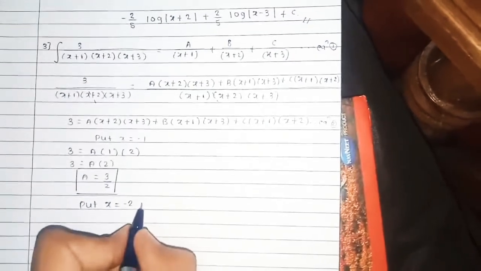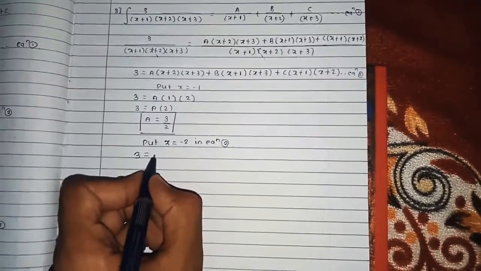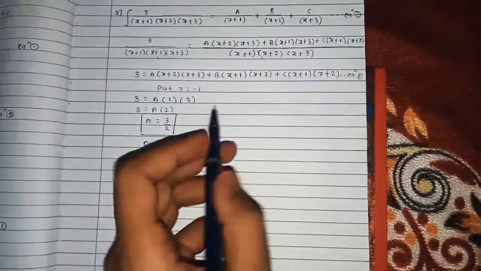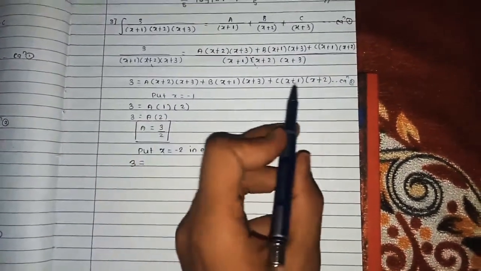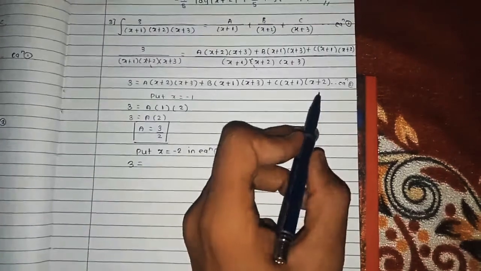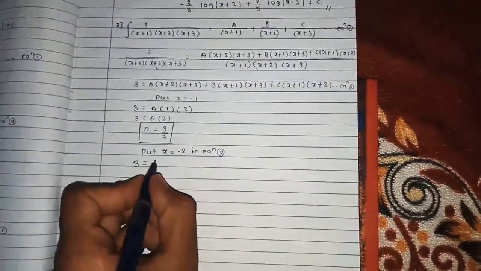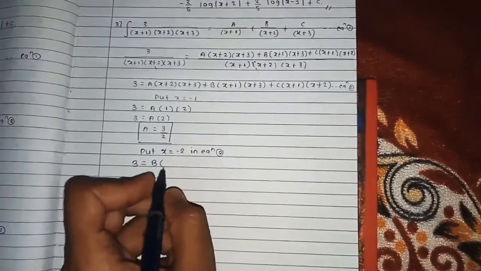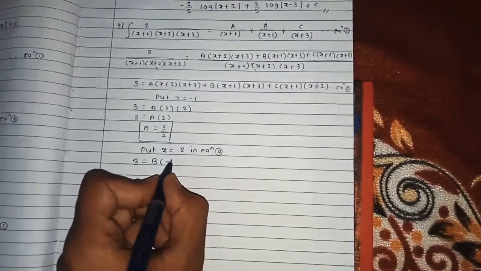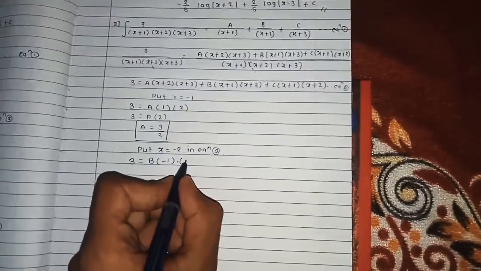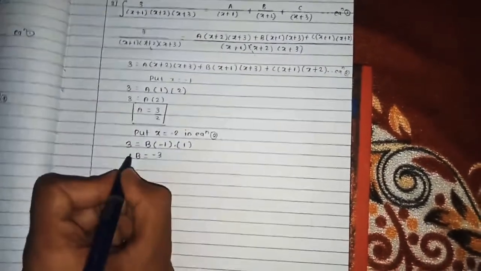Put it in equation 2: 3 is equal to, the terms with minus 2 plus 2 cancel, and remaining is b times (minus 2 plus 1) times (minus 2 plus 3), which is minus 1 times 1. So b is equal to minus 3.